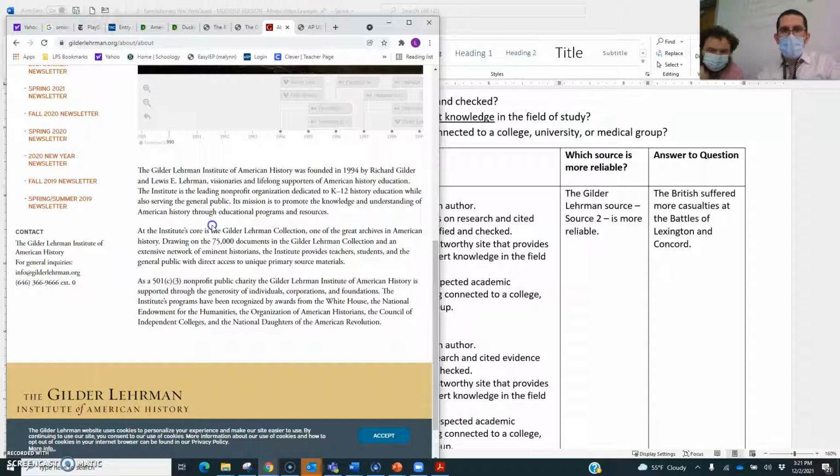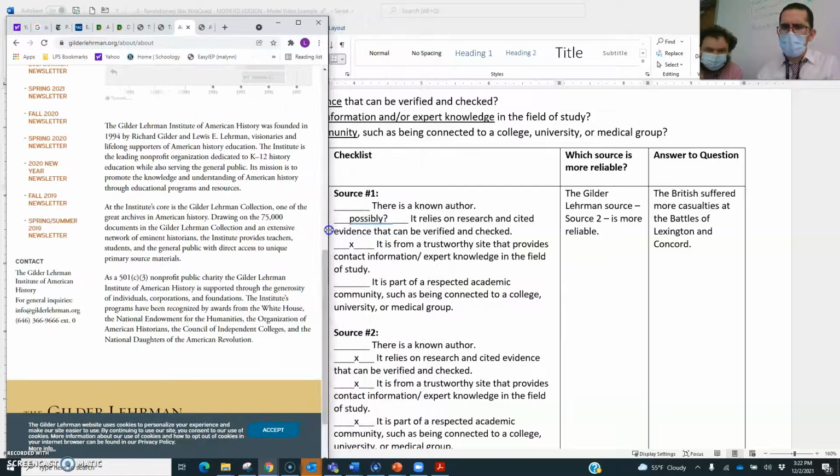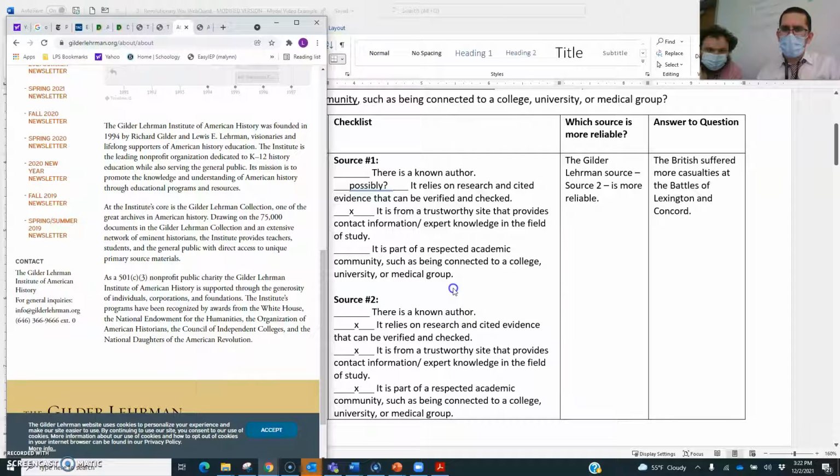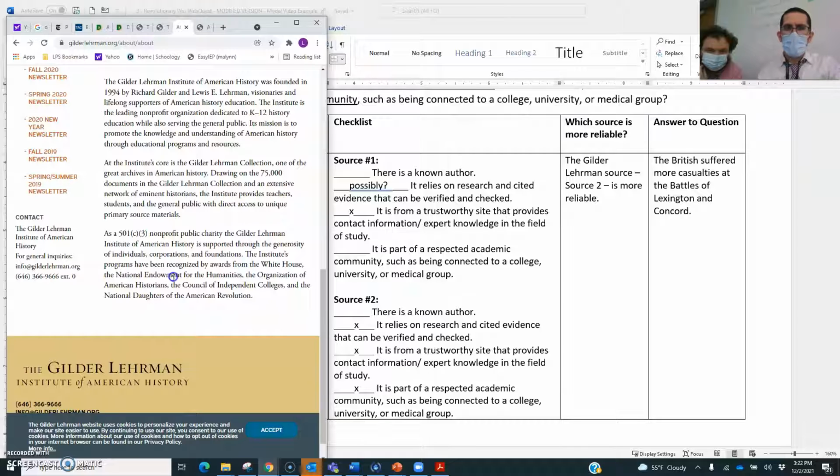I see that this was a historical foundation founded by two people who were lifelong supporters of the field of education, and they're the leading nonprofit organization dedicated to K through 12 history education. So yes, that would definitely indicate that it's from a trustworthy site. And if you wanted to reach out to them, they provide an email address as well as a phone number.